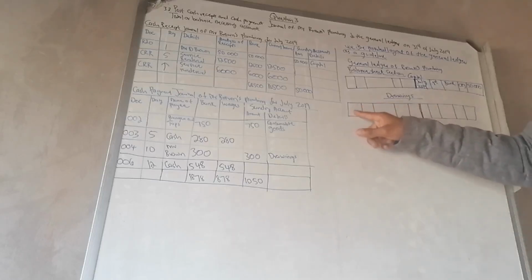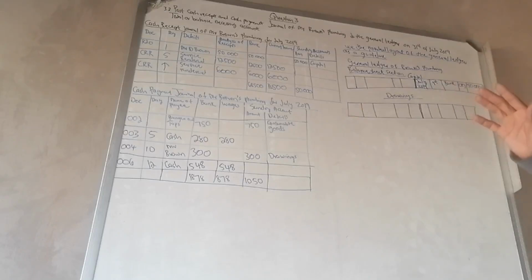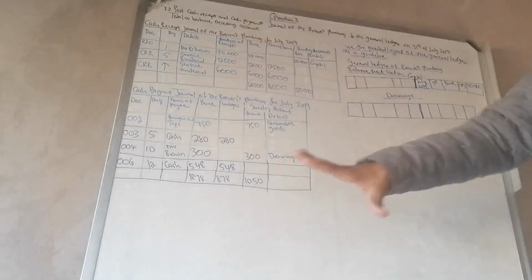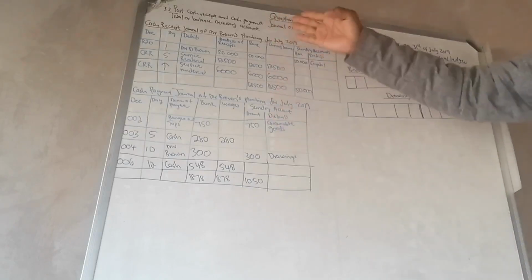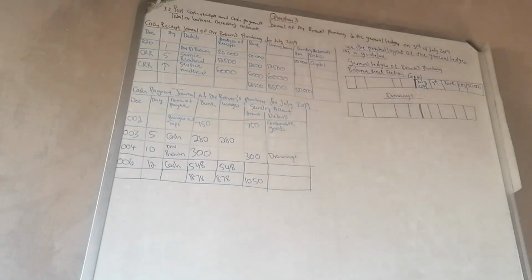Now, the first block, according to this data, the drawings, are we going to find our drawings on the cash receipt journal or on the cash payment journal? Cash payment journal. Because remember, money was taken out of the account for whatsoever reason.